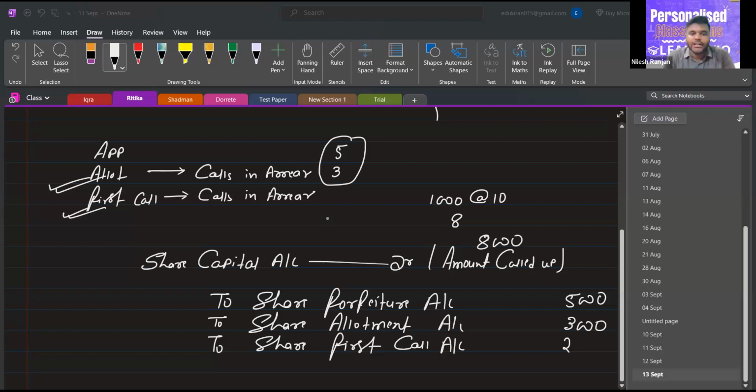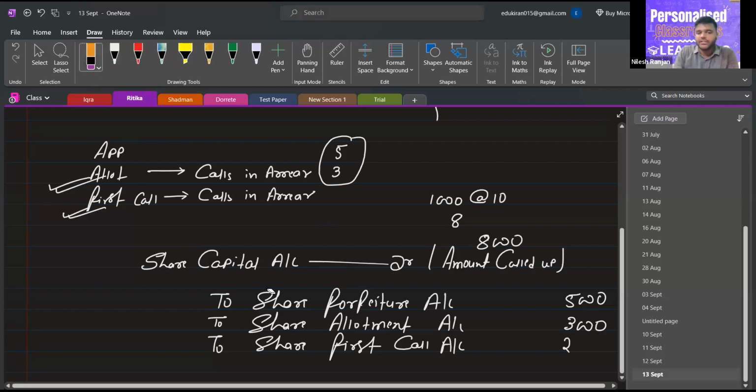What amount will be written in share first call? Sir, is that also being cancelled? 2000 or what amount will be written in share first call?